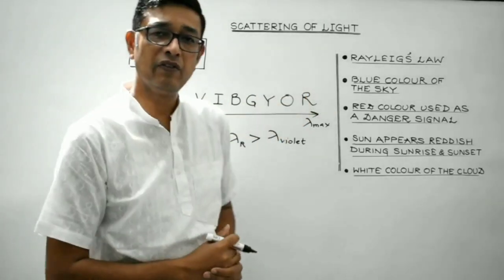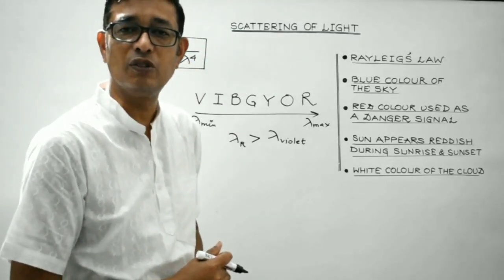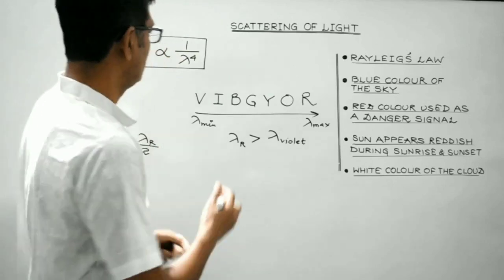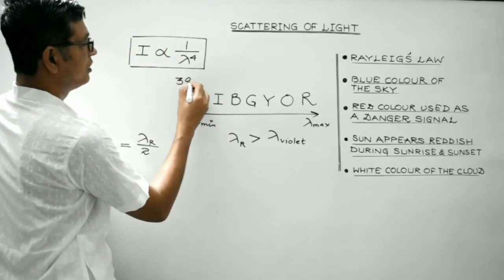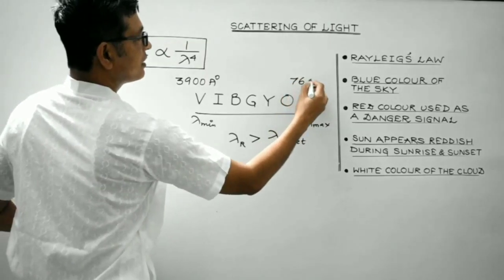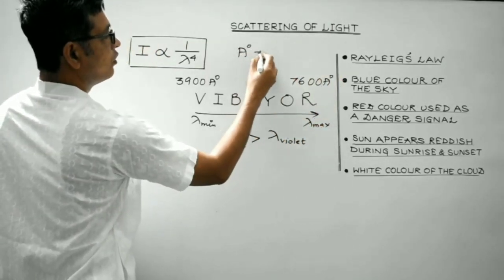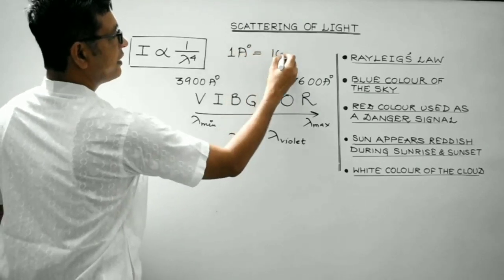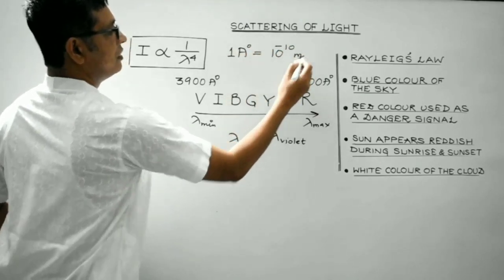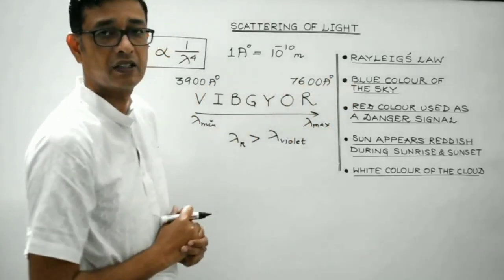The range of the wavelength in the visible spectrum is about 3900 angstrom to 7600 angstrom. And here 1 angstrom is 10 raised to power minus 10 meter. The SI unit of wavelength is meter. So this is the range of the visible spectrum.